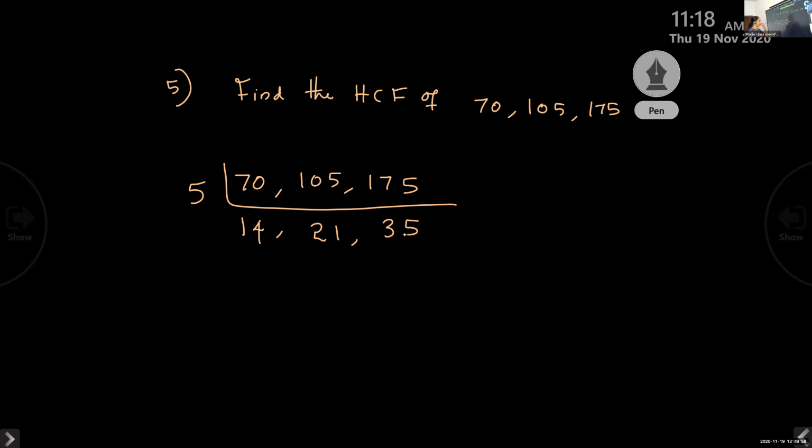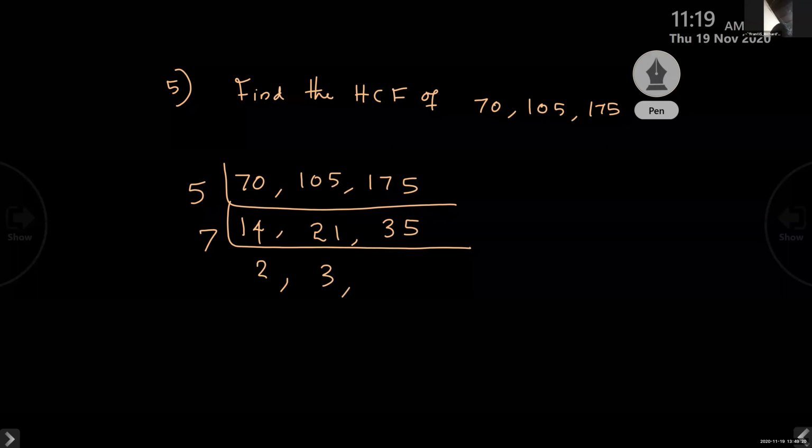Okay, children. Now, see these 3 numbers. Is it possible to divide by 5 again? No, ma'am. Then which is the next number? 7. Look at these numbers properly. 7, correct. So we will divide with 7. 2, 3, 5.